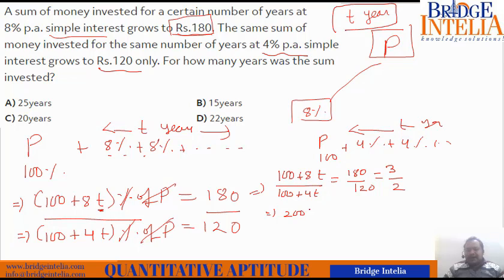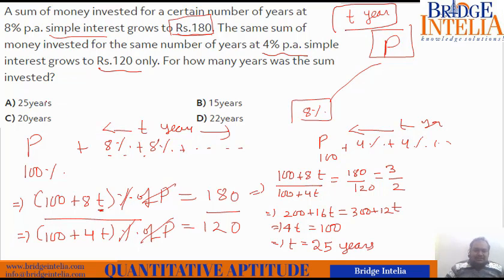So 200 plus 16T is equal to 300 plus 12T. So fine. So from here you can see that 4T is equal to 100, which means T is equal to 100 by 4 or 25 years. So 25 years is the correct answer.